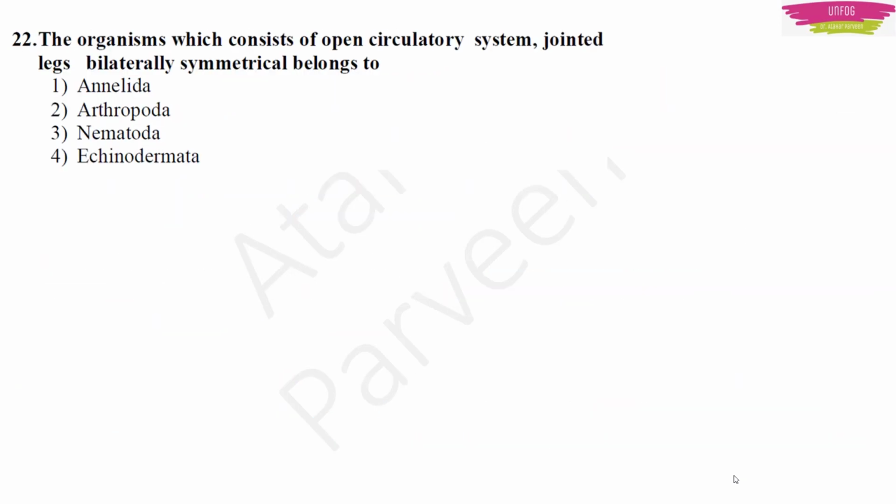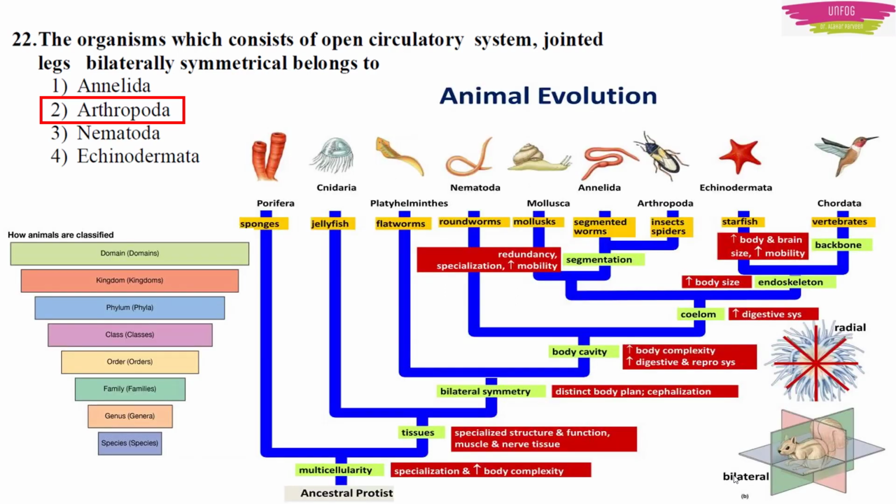Okay. Next question. The organisms which consist of open circulatory system, jointed legs, bilaterally symmetrical belong to. The answer is Arthropoda, and for this you have to learn all this. Actually, animals are broadly classified into species, then genus, family, order, class, phylum, kingdom and domain.